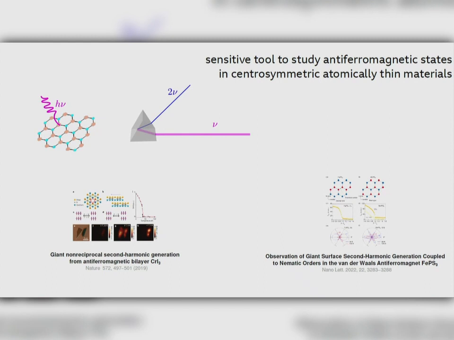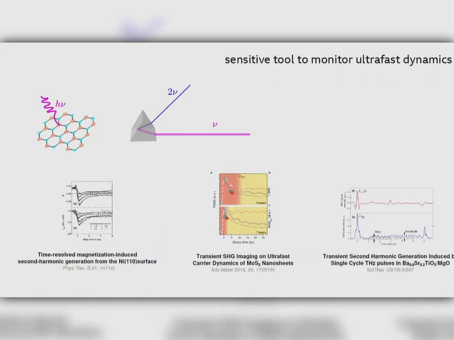So the bilayers of chromium triiodide or iron phosphorus trisulfide will both be dipole forbidden for second harmonic generation. However, when they are in their antiferromagnetic state, there is a very strong signal that has been observed. Also, there was the previous presentation, so I don't need to convince you of this.